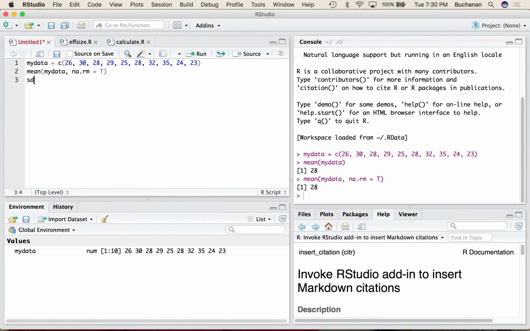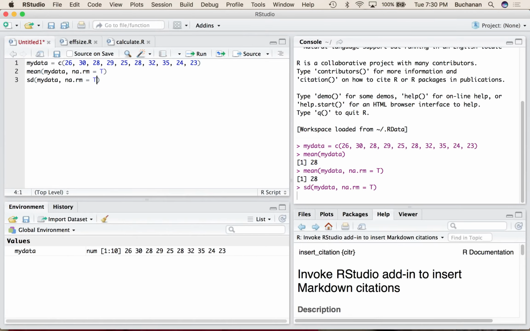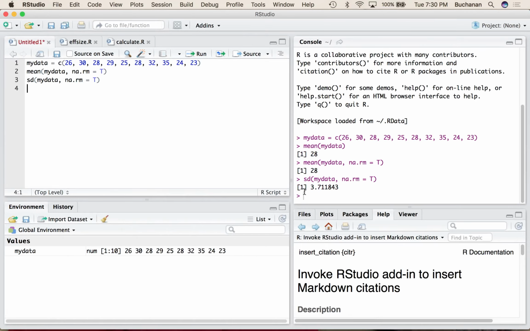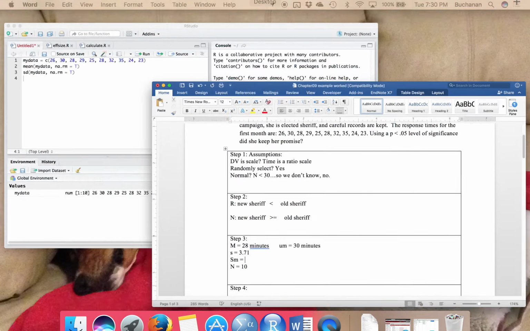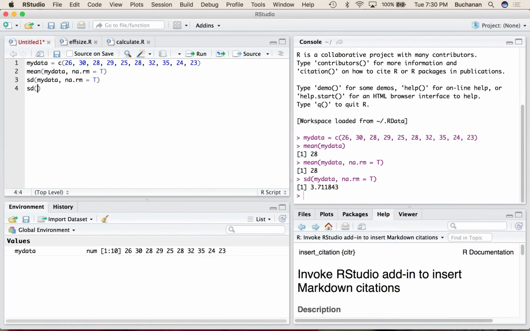Let's get our standard deviation, sd of my data. So the standard deviation is 3.71 minutes. And now our standard error. Remember, the formula for standard error is the standard deviation divided by the square root of n.